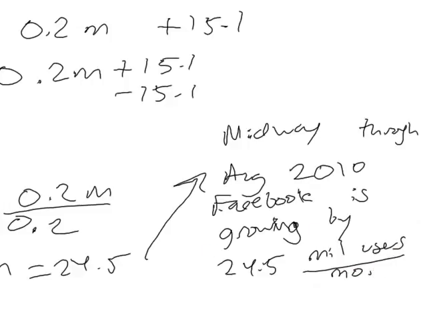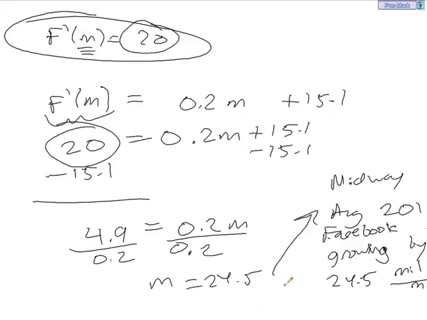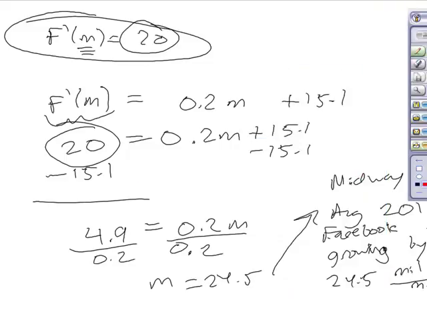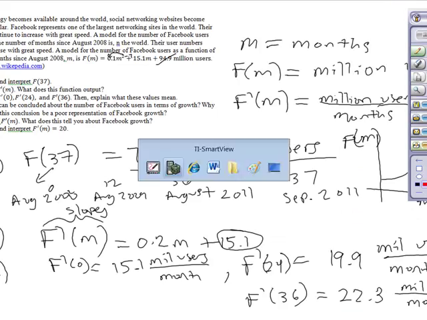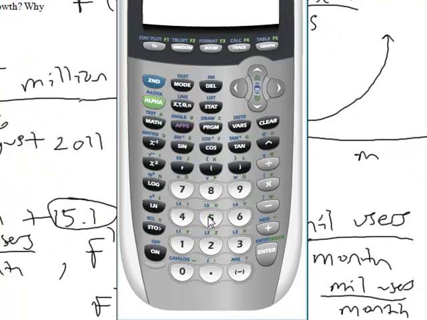So what does that tell me? Well, if I actually knew the number of users at 24.5, I'm going to try to figure out how many users were there in that particular month, just to demonstrate a point. So 0.1 times 24.5 squared. All I'm trying to do is figure out how many users there were in that month, midway through August of 2010. So I'm just plugging in 24.5, plus 94.9.